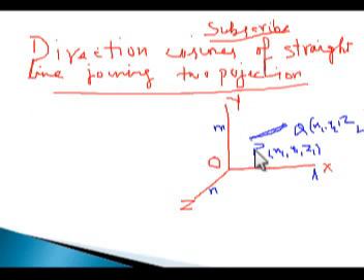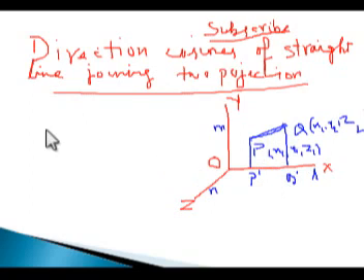Let's first take the projection on the x-axis. The foot of P on the x-axis is P slash, and the foot of Q on the x-axis is Q slash. So P slash Q slash is the projection of PQ on the x-axis.